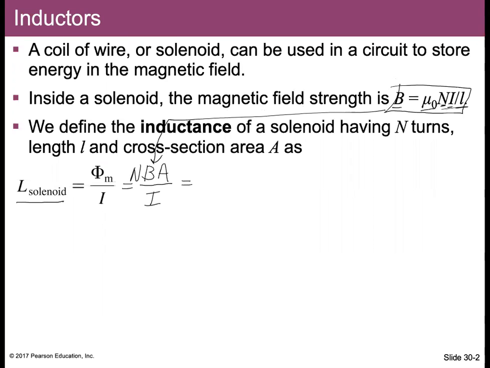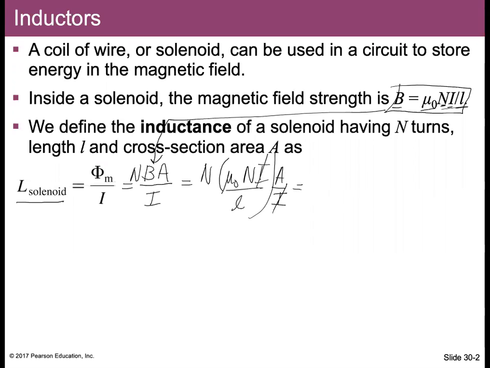And so we now have N times mu naught N I over L times A over I. Well, the currents cancel out, and we can group our N's together as N squared.